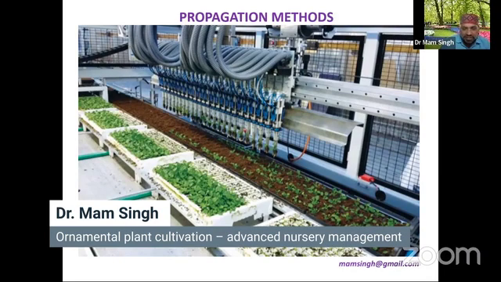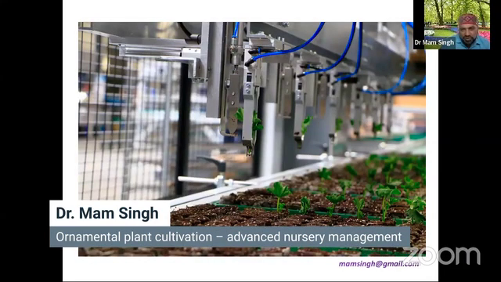This robotic machine, as I said, can also be used for making cuttings. If you have placed the cuttings in a tray, these robotic hands will take the cuttings from the trays moving in the back, and they can plant like 36 plants in these pots.